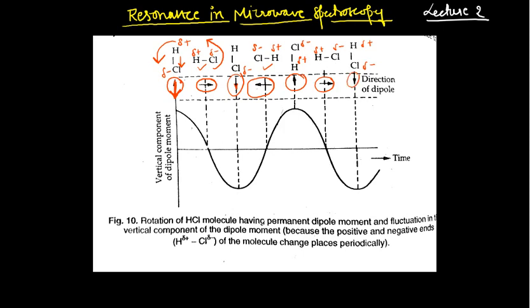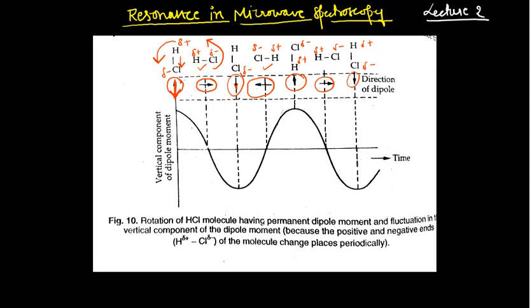So what will happen in that case? See, it is simply a heteronuclear diatomic molecule, okay. So whenever these molecules with permanent dipole moments rotate, they generate a fluctuating electric field.